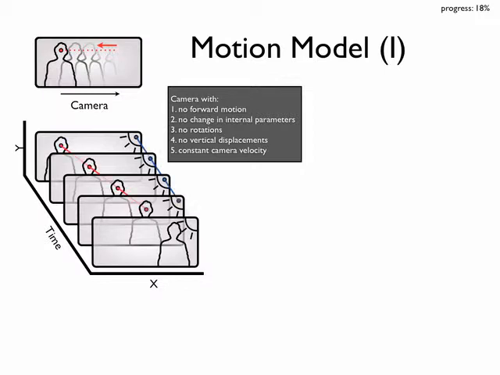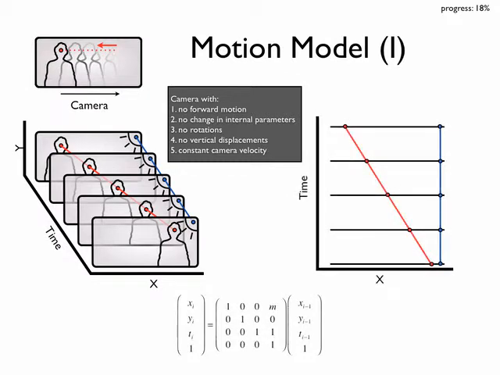Then, if we track some part of the scene, depending on its depth, we get different straight lines with different slopes depending on the depth of the object that we are tracking. In this case, we can easily model these lines using the equation of a line, as you can see here.